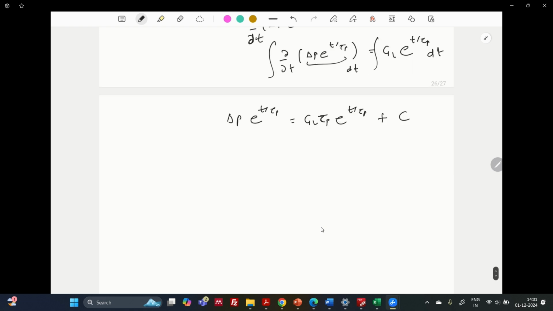Okay, so this is finally the equation that we will get, but we still have to find this c.